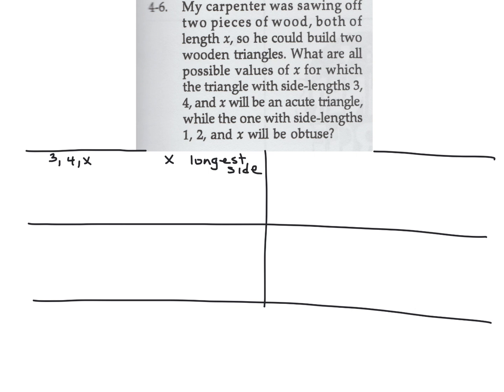And this is what, the obtuse one or the acute one? This is the acute one. Okay, so that basically means that if I drew a triangle, and this is 3, this is 4, and this is x, this angle theta acute is less than 90, right? So that's the setup.